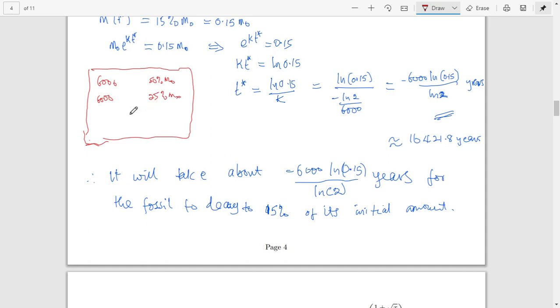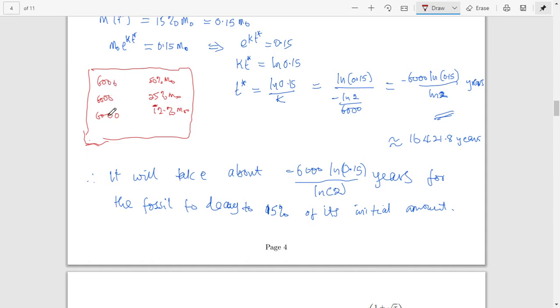After another 6,000 years, we're going to have 12.5% of this left. So here we are looking at something that is a little bit before this time, somewhere in this amount, at this point.